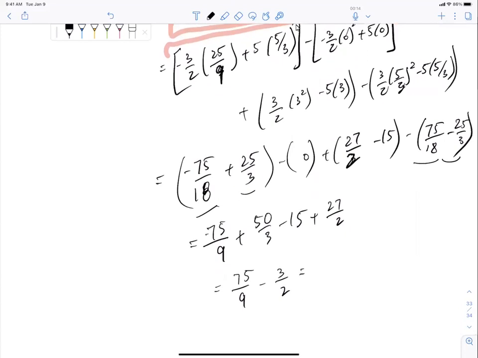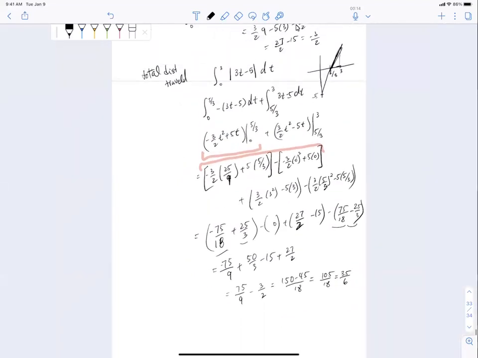It's going to be 150 minus 45/18. It is 105/18. Divide by 3 top and bottom, you get 35/6. And that's your total distance traveled. Numbers were a little bit uglier than expected, but that still worked out okay.